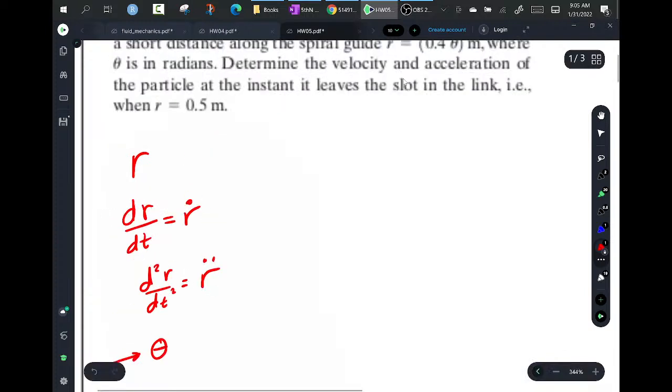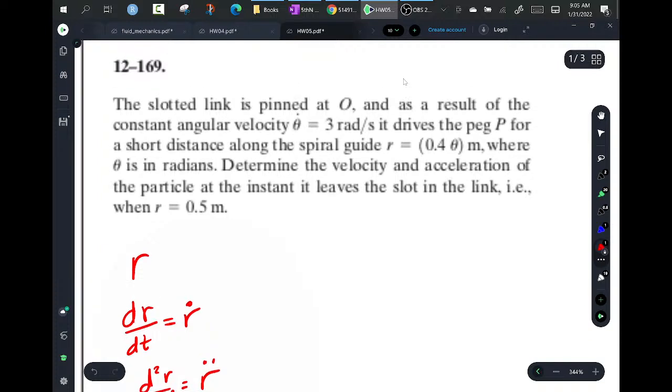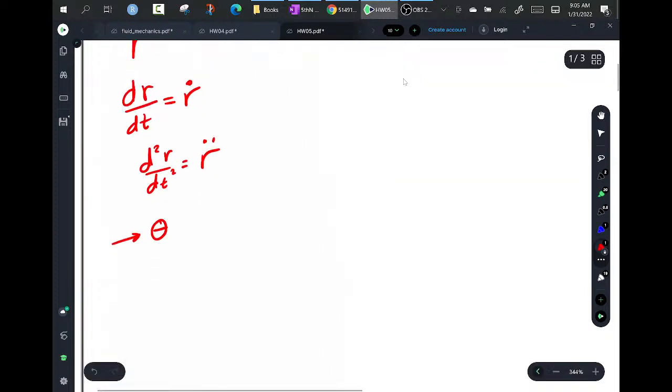In other words, determine the velocity. Well, this one's a little bit different when r is equal to this. We'll go back through this in a second.